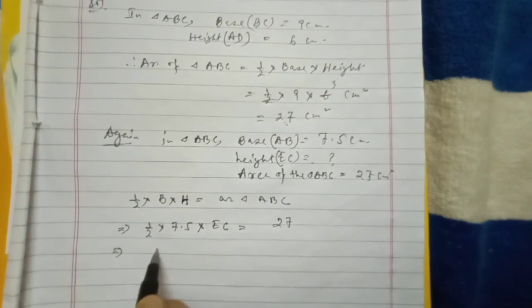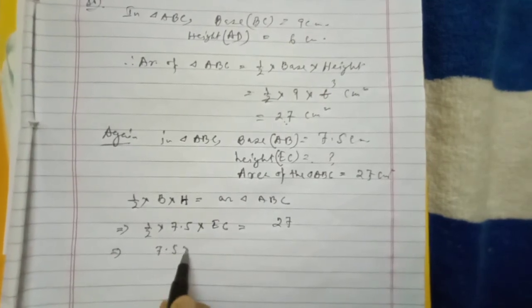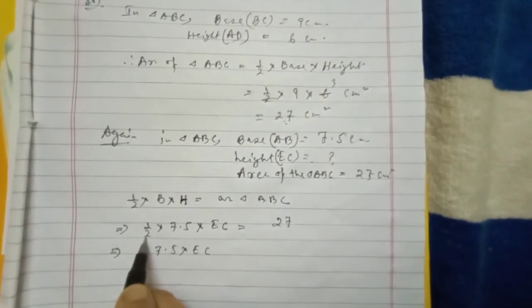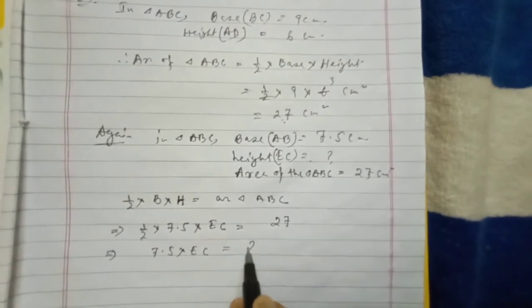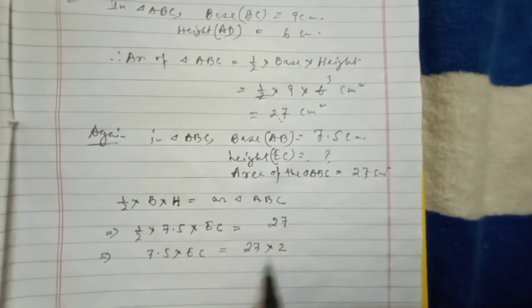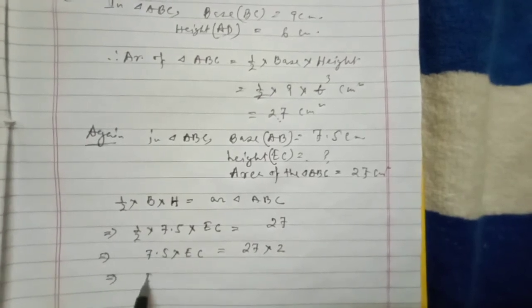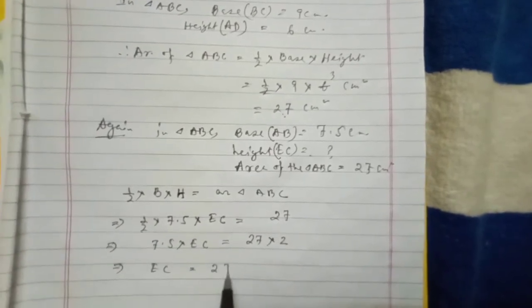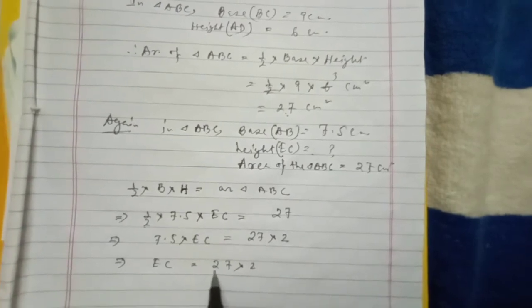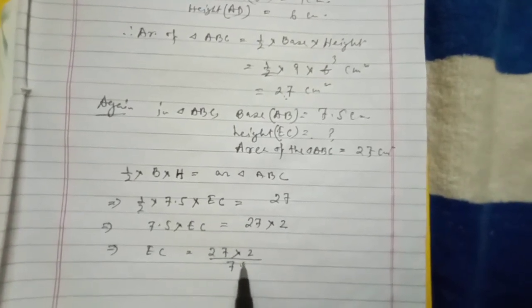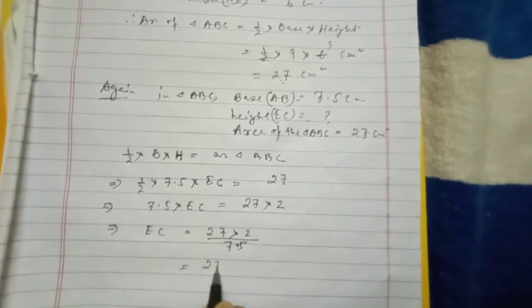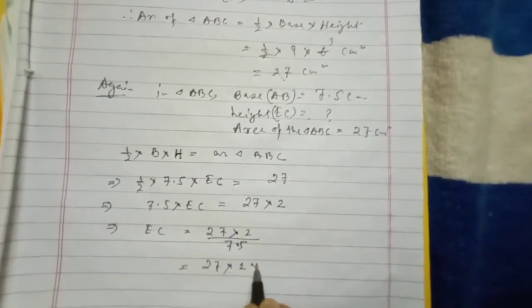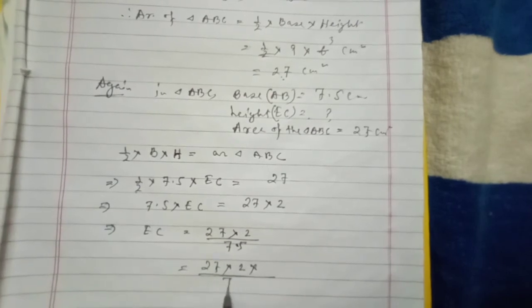Now 7.5 into EC, this 2 is in the division form here. Now 2 will be multiplied, 27 into 2. Now EC is equal to 27 into 2 by 7.5.